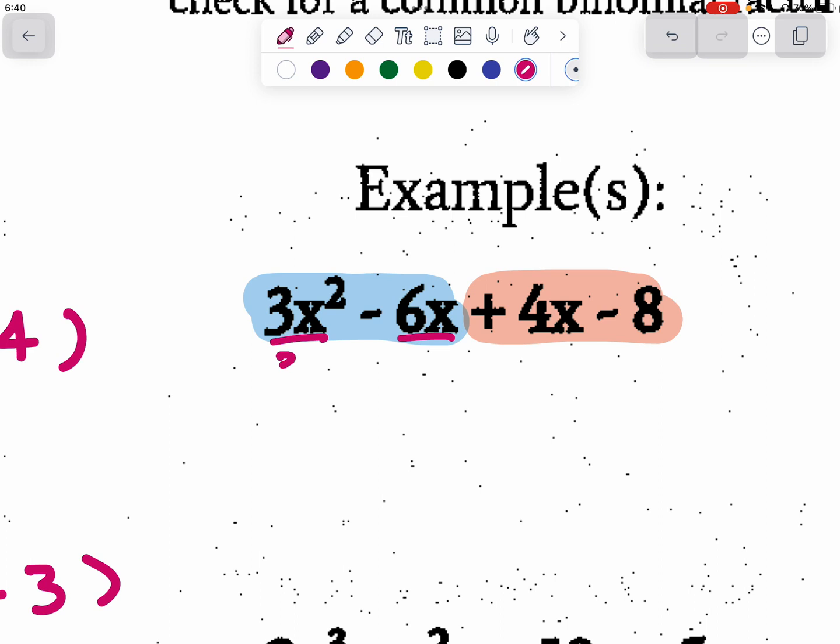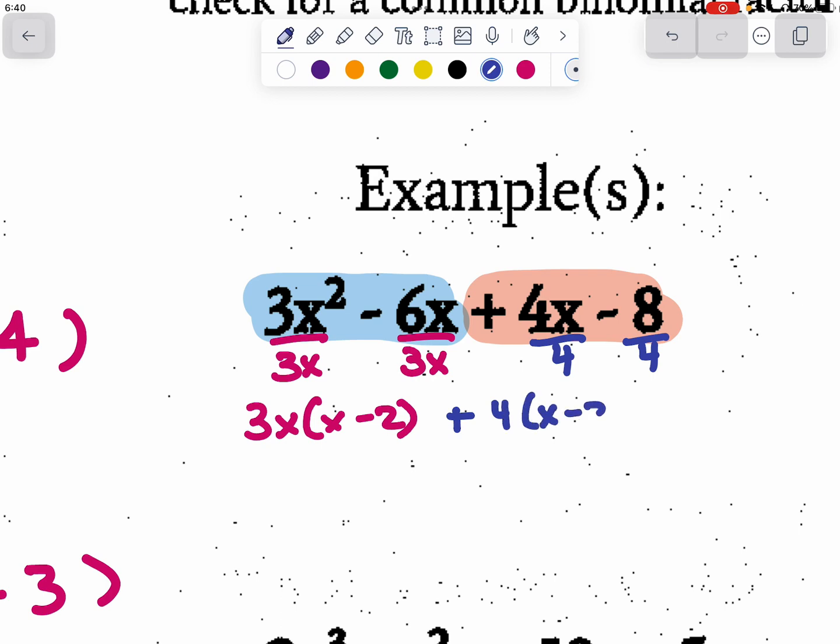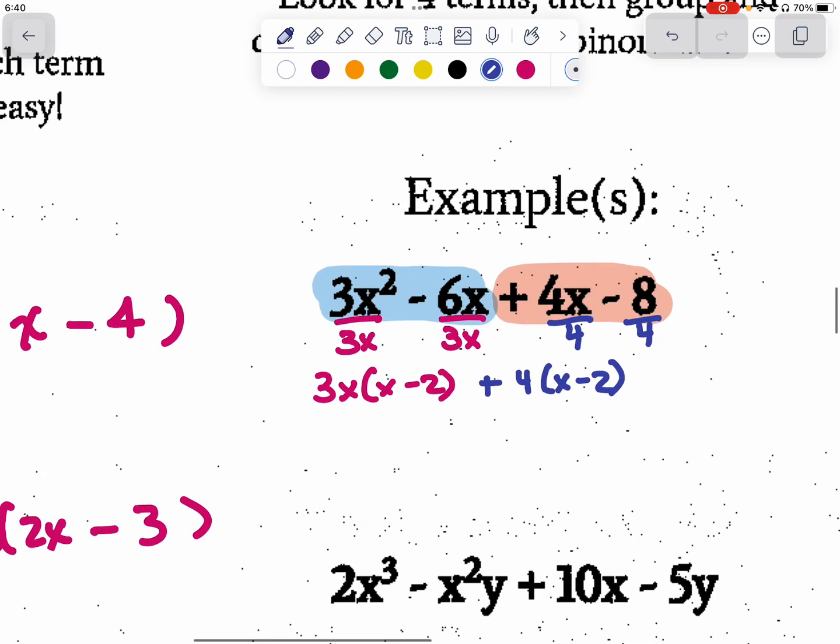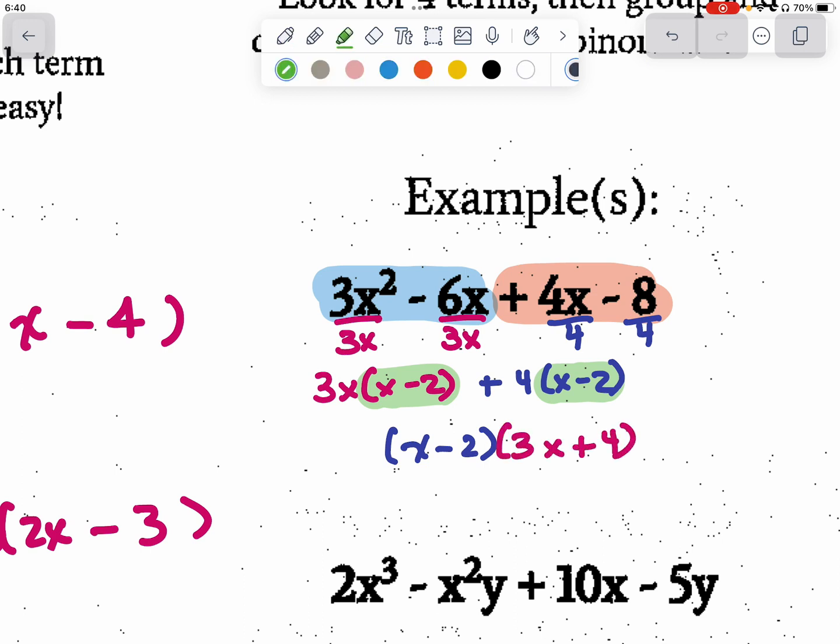So we're going to factor out a 3x here, 3x times x minus 2, and then we're going to factor out a 4 here, plus 4 times x minus 2. Then you pull out the factors that you have in common. They share the x minus 2, so that's one of your factors, and the 3x plus 4 is left over, and that's your other factor.